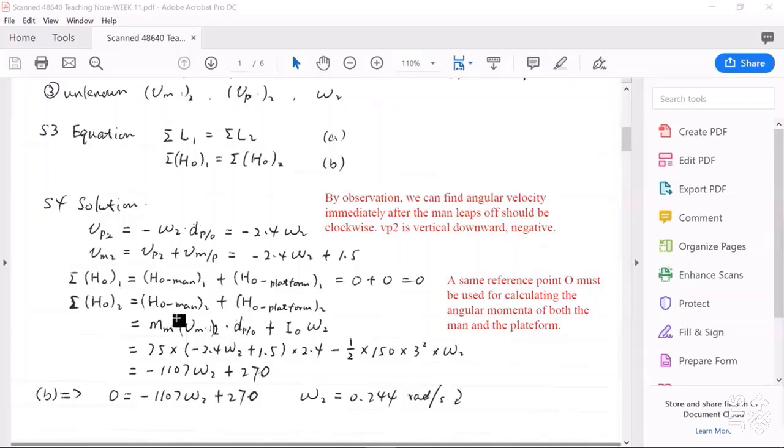Okay, we substitute Vm2 from here to here. And finally, we can get the expression of the summation of angular momentum of this system.